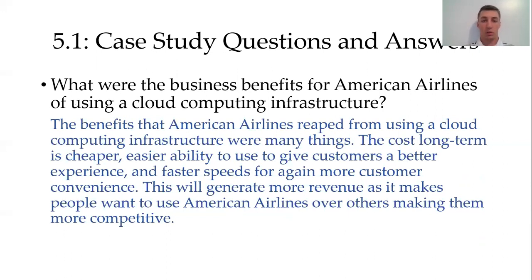What were the business benefits for American Airlines of using the cloud computing infrastructure? The benefits were that long term it was going to be cheaper. The customers were going to get a better experience. They were going to see faster speeds.